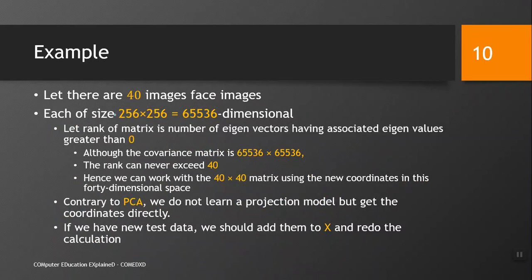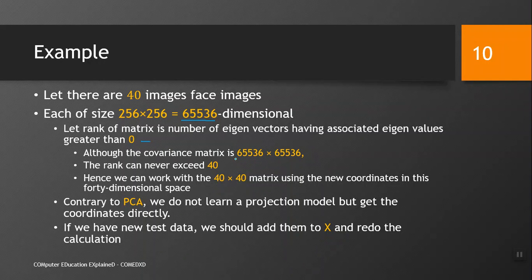Let me take an example. There are 40 images for facial recognition, and let the rank of the matrix, the number of eigenvectors having associated eigenvalues greater than 0, be considered. Let us say that each image has this much dimension, 65,536.